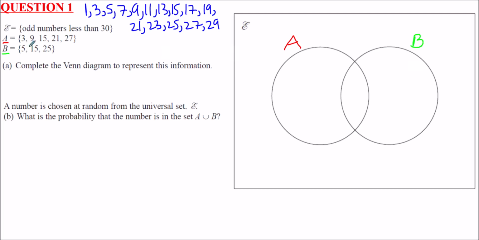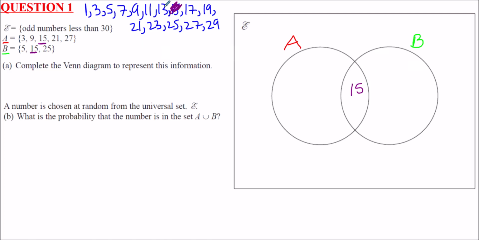Let's think if there are any numbers in both A and B. Well, there's only one number that's in both A and B, and that's 15. So 15 lives in both. I put 15 in the middle because that's in circle A and in circle B, so that's where they intersect. Because we filled in 15, we can scrub out 15 so we don't double count it.